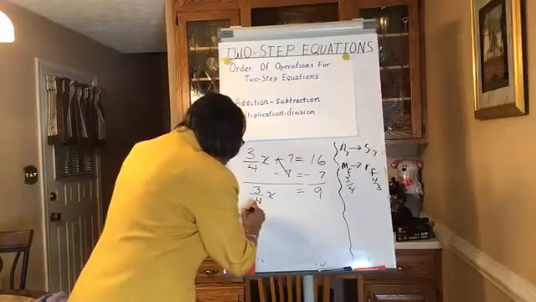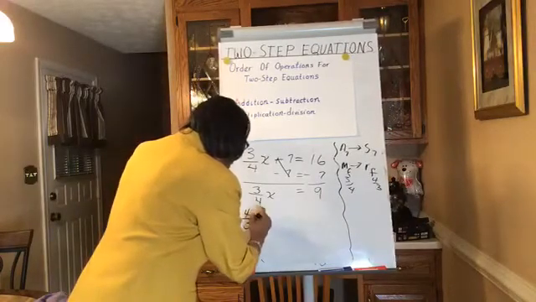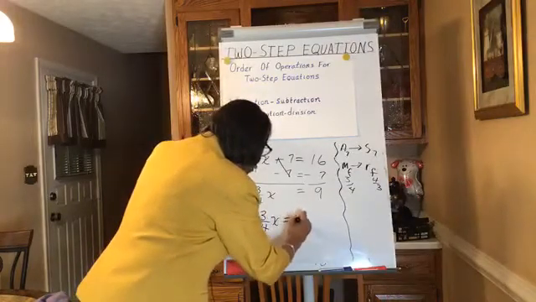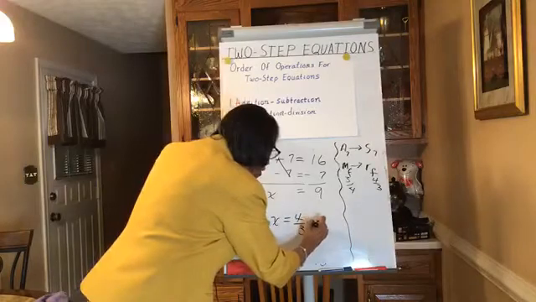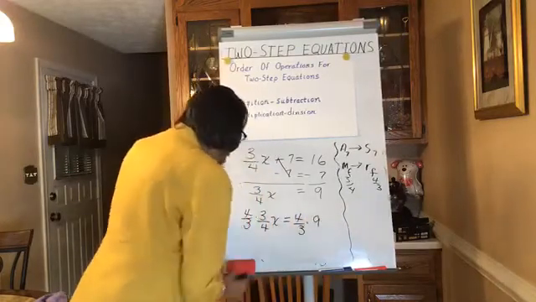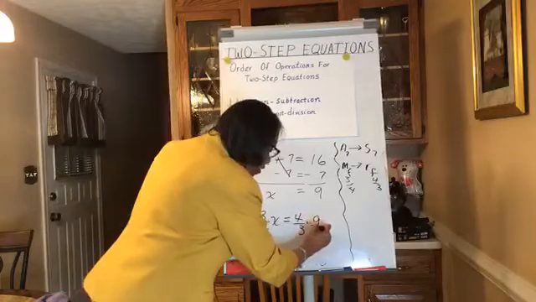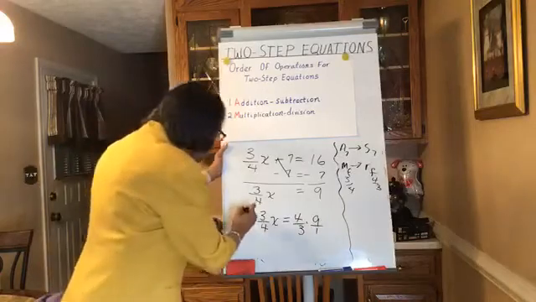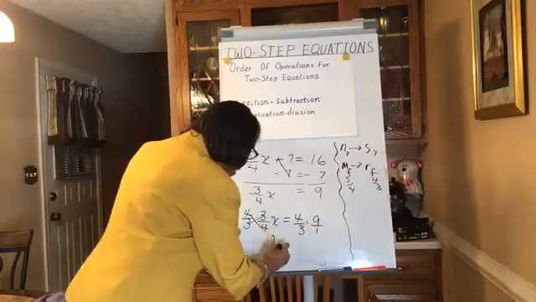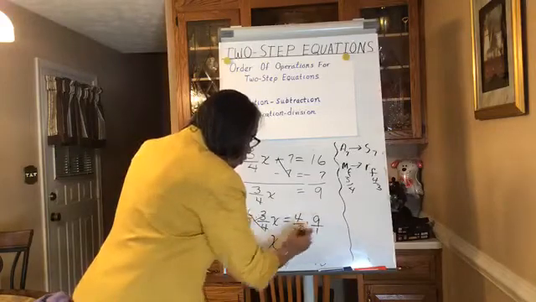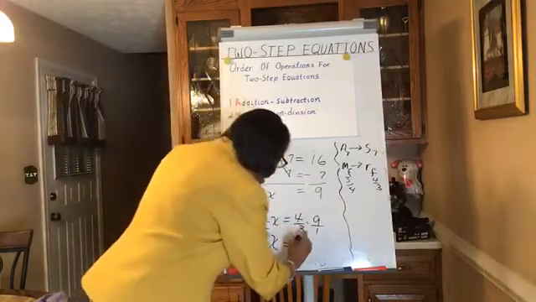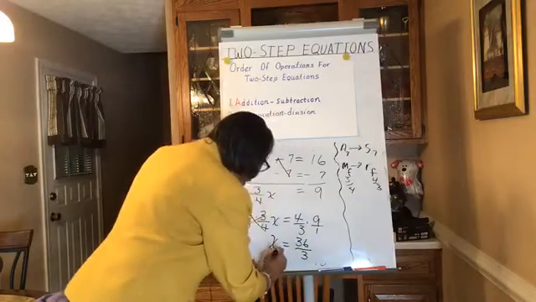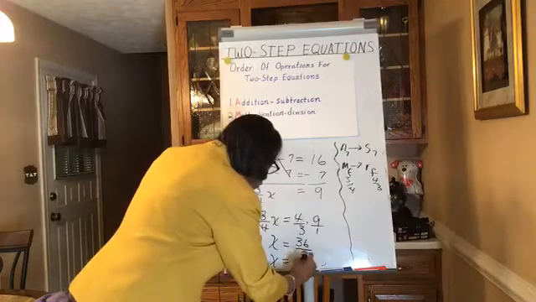And so that's 4/3 times 3/4 x equals 4/3 times 9. Okay, and of course that's 9 over 1, if we want to make it look like a fraction. And on this side, of course, everything cancels out and we get x equals 36 divided by 3. I'll write it. And so x equals 12.